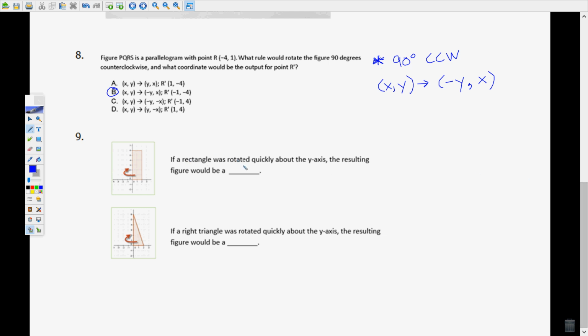If a rectangle is rotated quickly, and one of my students said, why does it have to be quickly? But about the y-axis, what would the resulting figure be? If you rotate a rectangle about an axis, if you were holding a pencil and you rotated a rectangle around that pencil, the shape that you would get would be a cylinder.